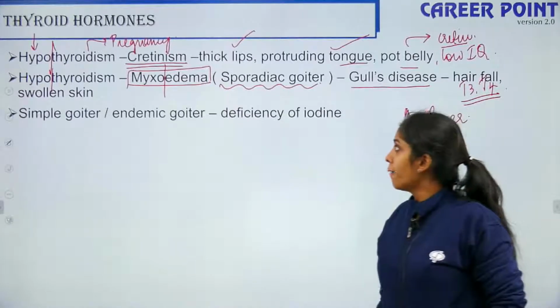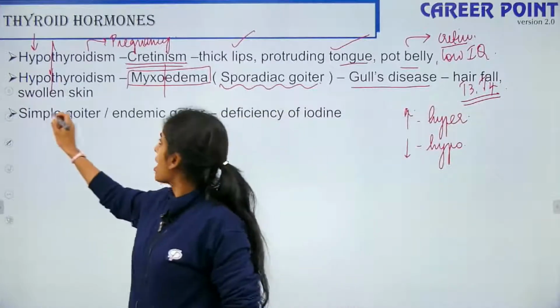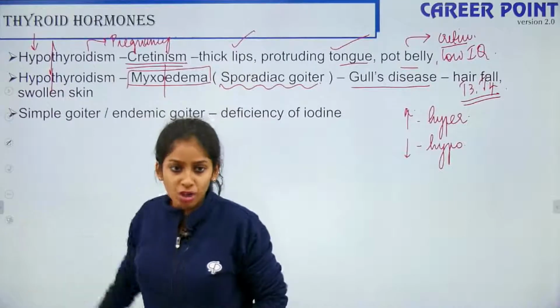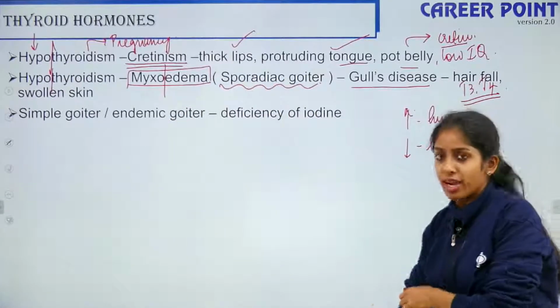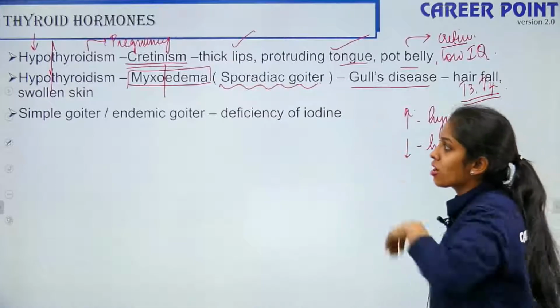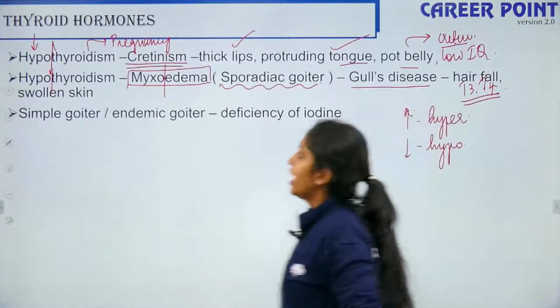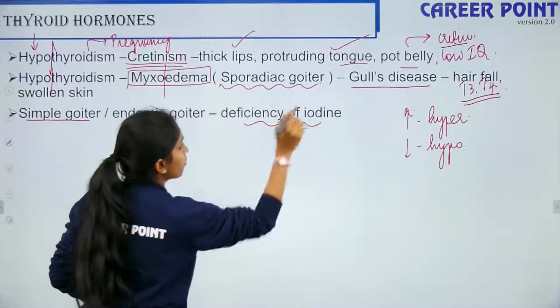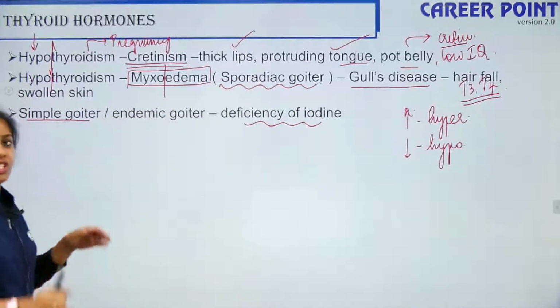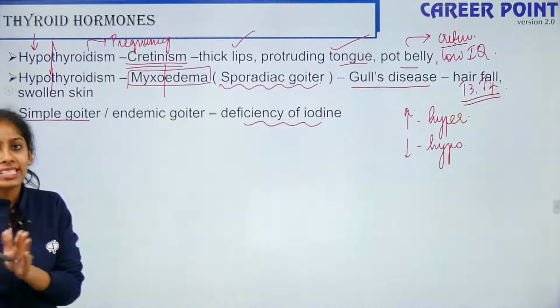The next part, simple goiter. So you have sporadic goiter and simple goiter. Sporadic goiter is due to hypothyroidism and is called myxedema. Then you have simple goiter, which is also due to the deficiency of iodine. Depending upon the severity, it is classified.